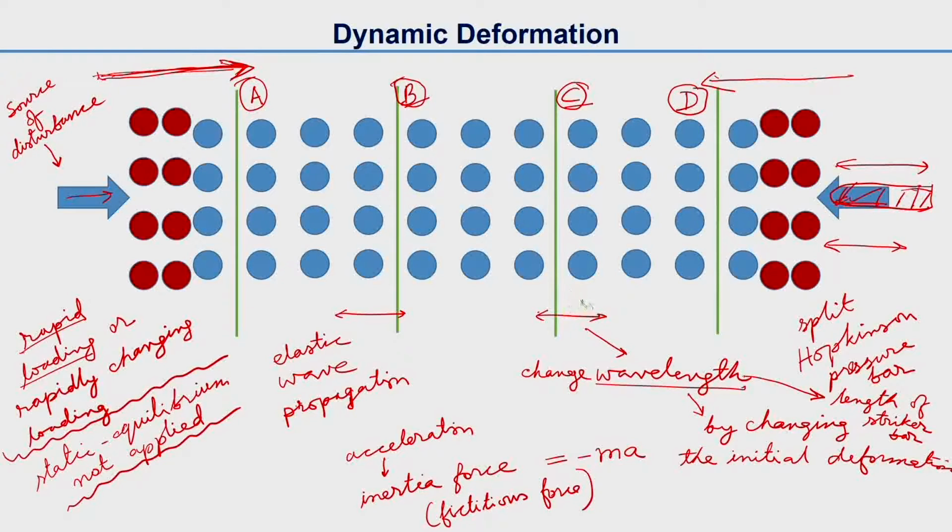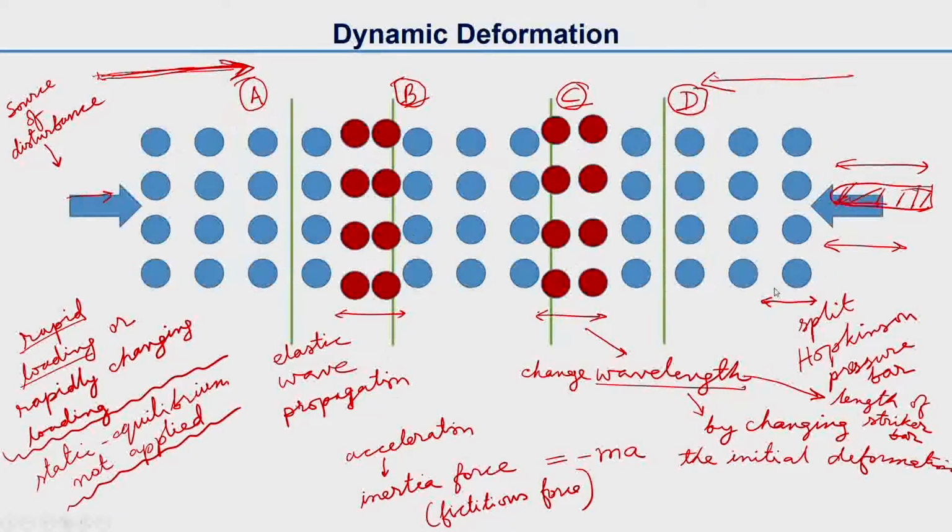The wavelength is not exactly the dimension of the compressed region of atoms, it is more than that. It can be probably twice the width of that compressed region of atoms. So that's what we discussed about dynamic deformation.